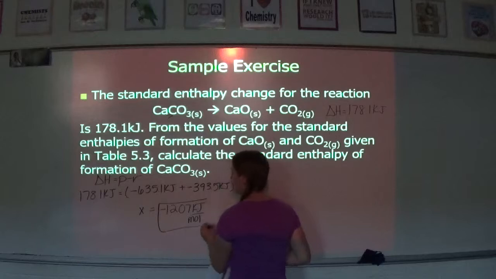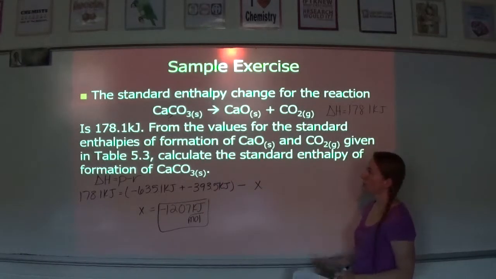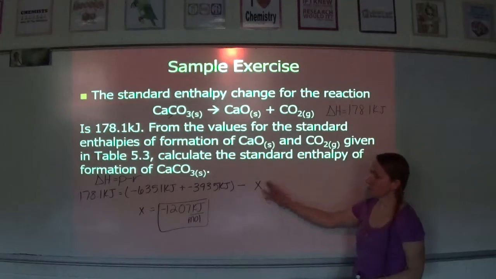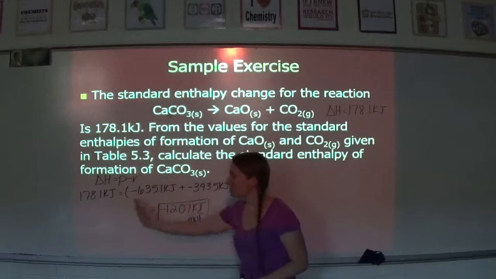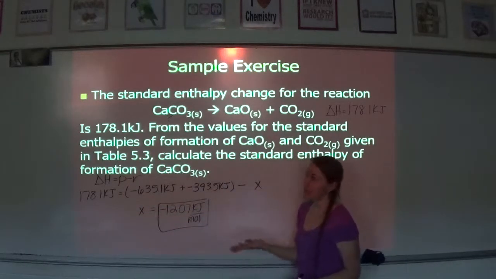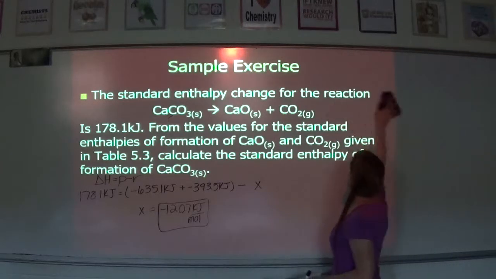Because remember, the delta H is for each individual substance. It's always given in kilojoules per mole. Alright, so we just solved that for X. That's all I did was combine these two values and then moved it on to the other side by changing the sign. Alright, so hopefully that wasn't bad. It's just basic algebra.